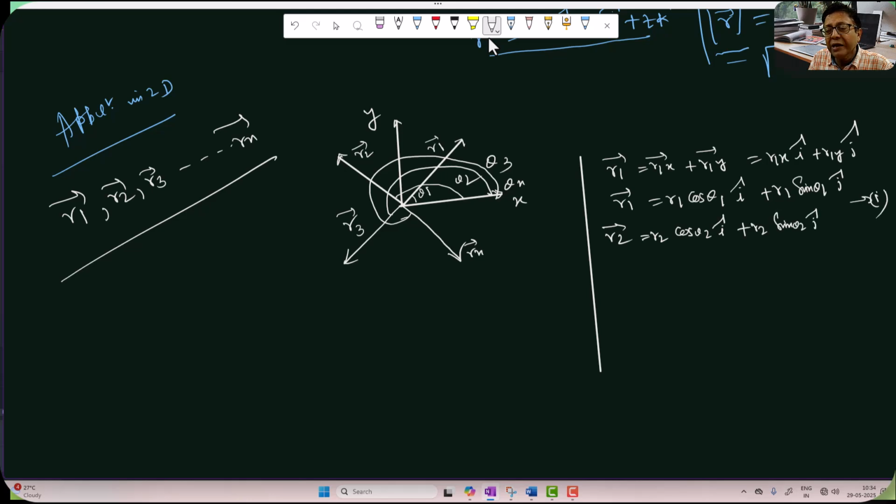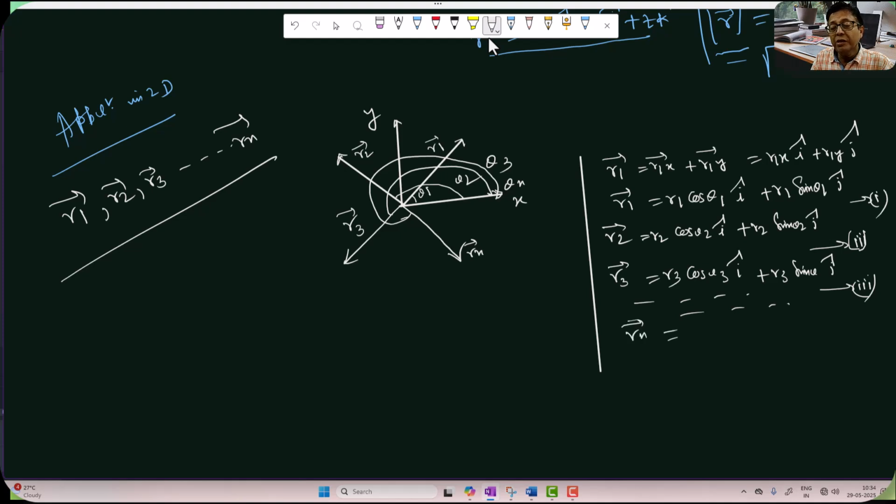Cos theta 2 i cap, sin theta 2 j cap. This is number 2. R3... and the last one, that is the nth vector.